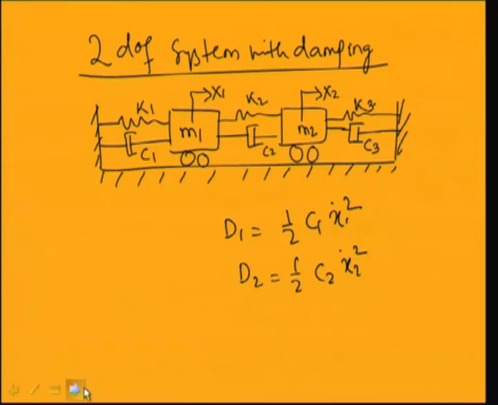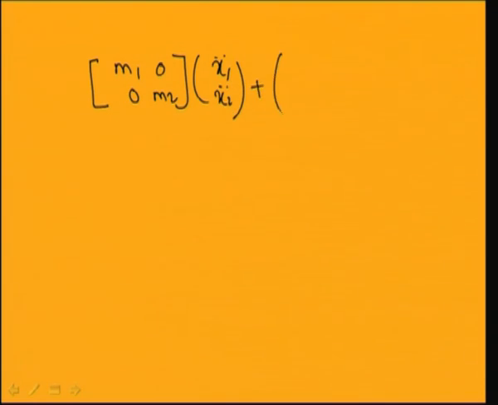So the equation of motion, if you are using the Lagrange principle, you can write in this form: [m1, 0; 0, m2] times [x1 double dot, x2 double dot] plus [k1 plus k2, minus k2; minus k2, k2 plus k3] times [x1, x2].